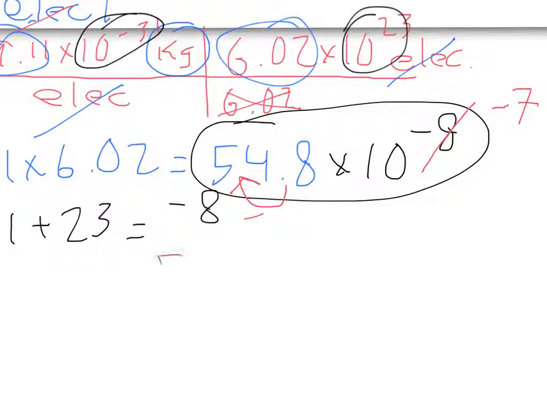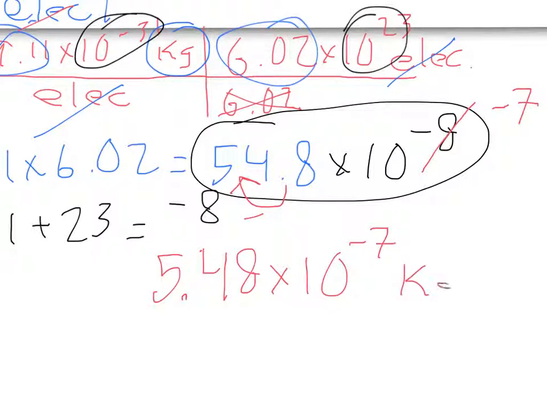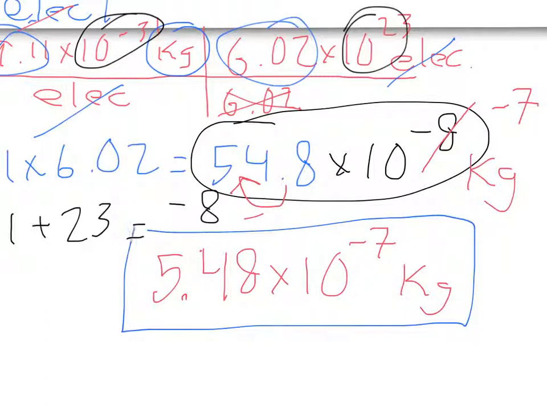So my final answer is 5.48 times 10 to the negative 7, and of course our units were kilograms. Should have had units up here too. So our final number in this case, 5.48 times 10 to the negative 7 kilograms.